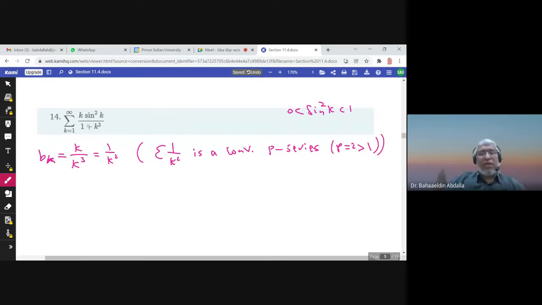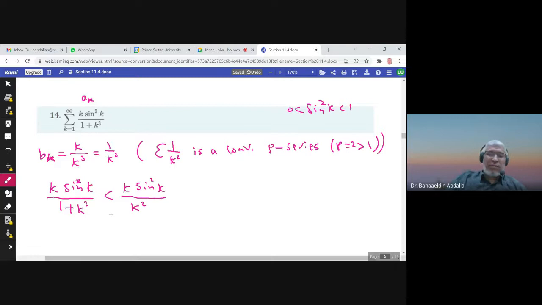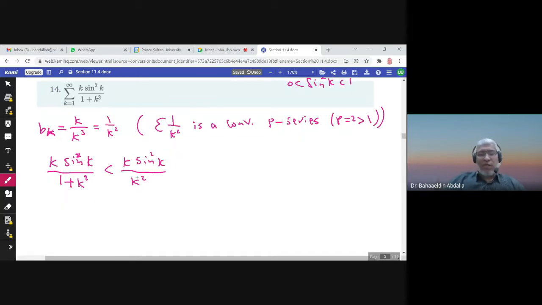We have to show that a_k is less than b_k. So k sine squared k, and you have to prove that. You have to show it step by step. I can remove the 1 from the denominator, and this would be less than because I made the denominator bigger, larger.